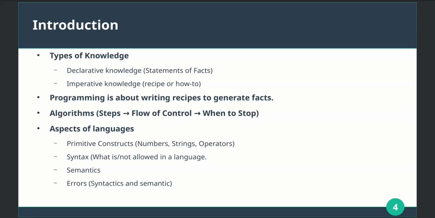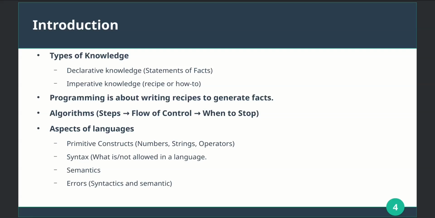Whereas imperative knowledge has to do with describing how to do something. Remember, declarative knowledge describes what should be done, while imperative knowledge describes how it should be done. So they are two very different things.